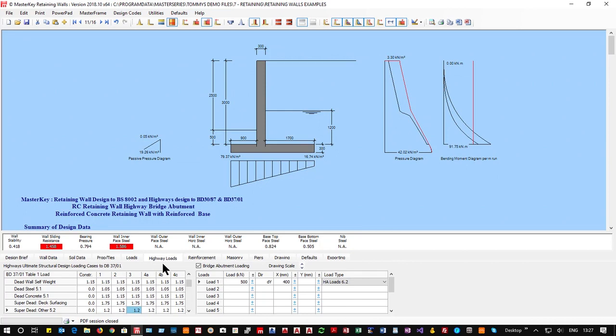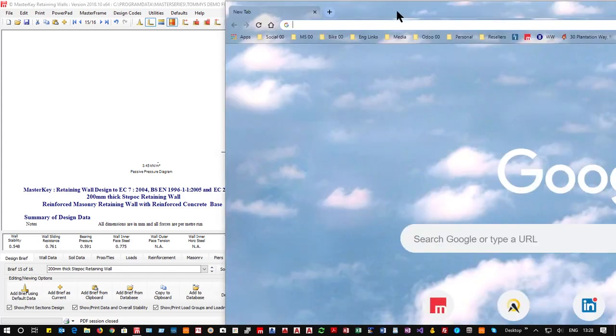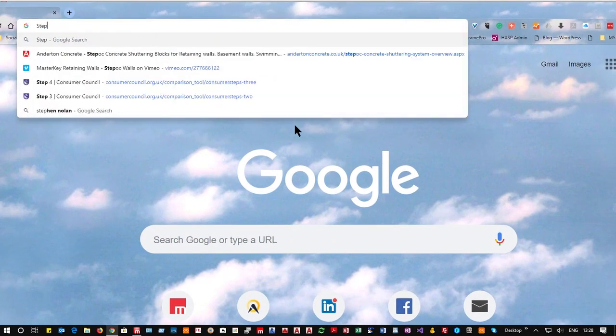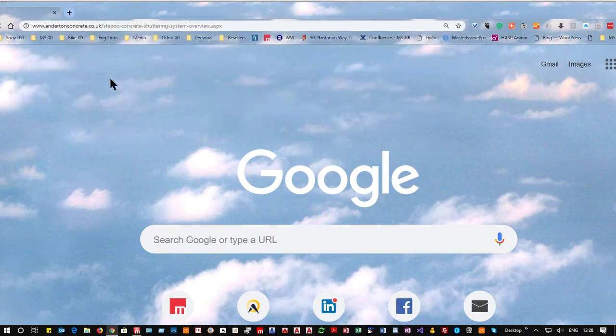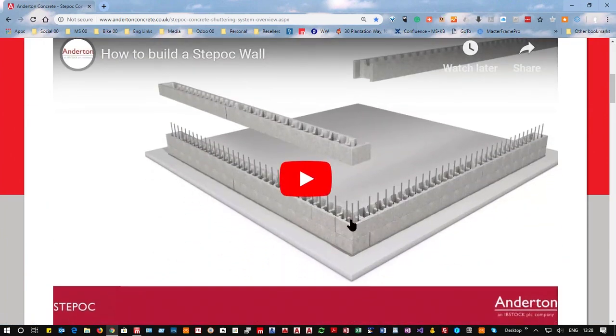Okay, next. Now we come to a Steelhawk wall. Steelhawk, one of those special types of masonry walls. I'm just going to pull in here and look at Steelhawk. For those of you who are unfamiliar, Anderton makes Steelhawk. I believe there probably are other types of wall. Now, it may look initially just like a hollow core wall, but I tell you it's not.